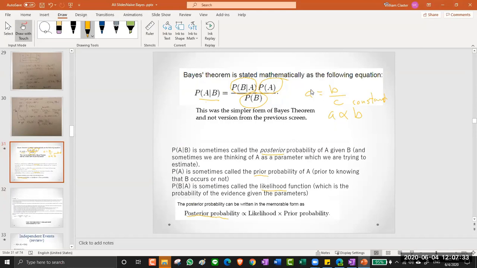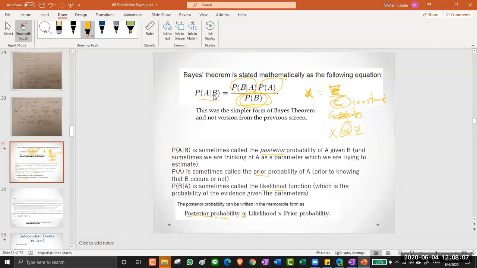Let's say, maybe I should say, if this is X and this is Z and this is C, then we can say that X is proportional to Z. Does everyone agree with that? Yes. Okay, so if this is a constant, we can leave it out and use proportional. So that's what they did here. They're saying this is going to be a constant, so just leave it out. So you just get proportional here.